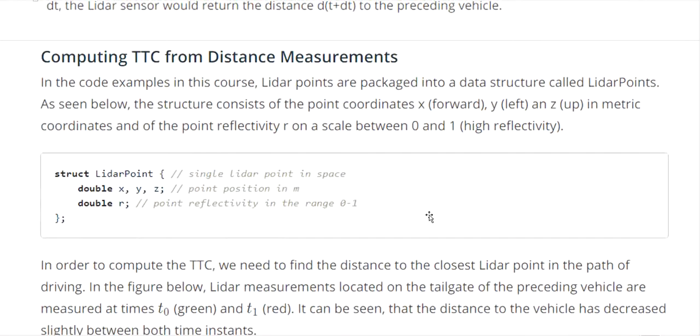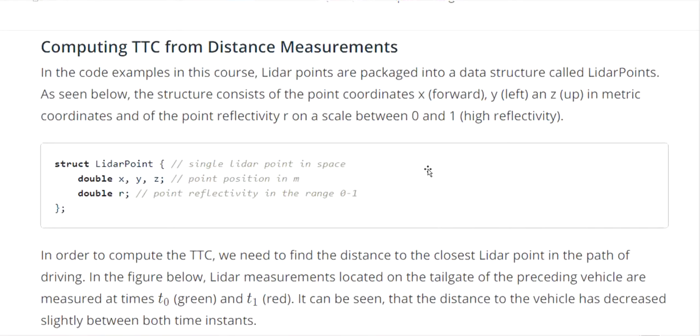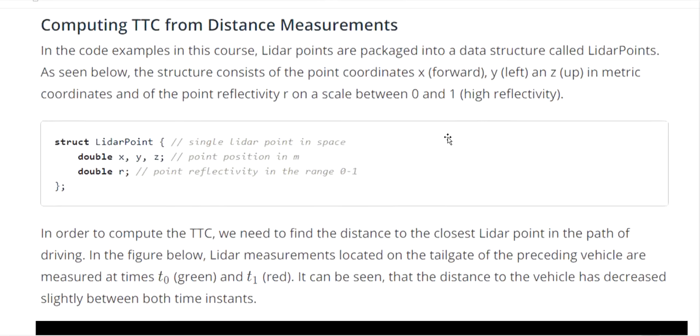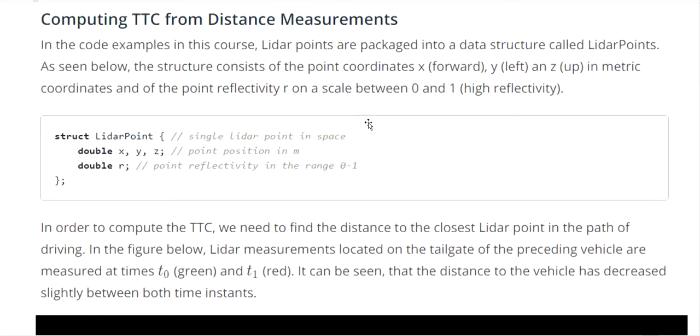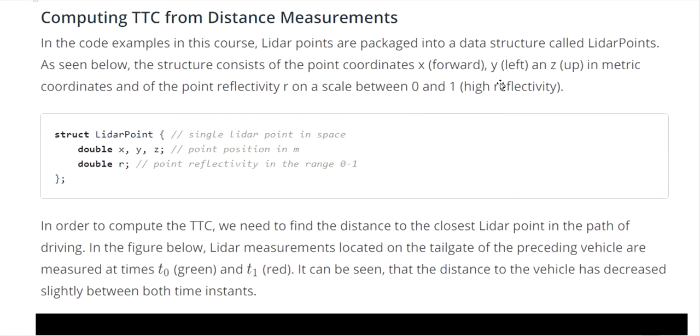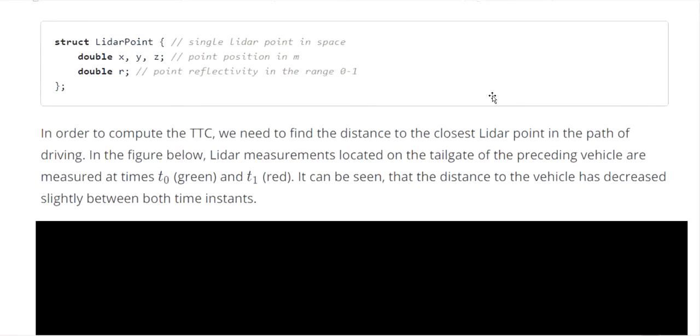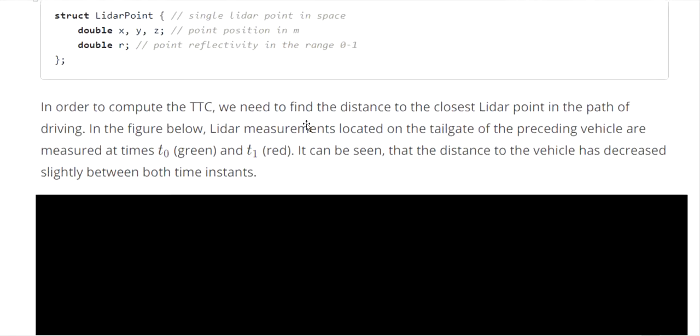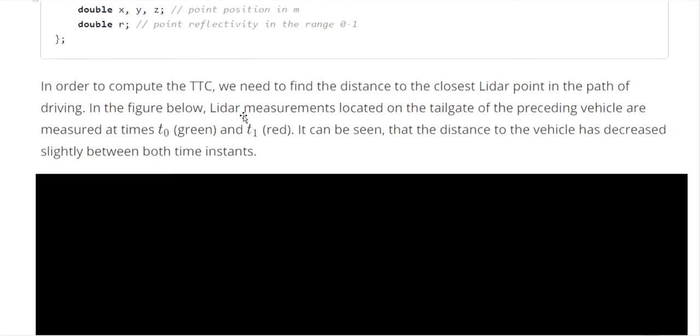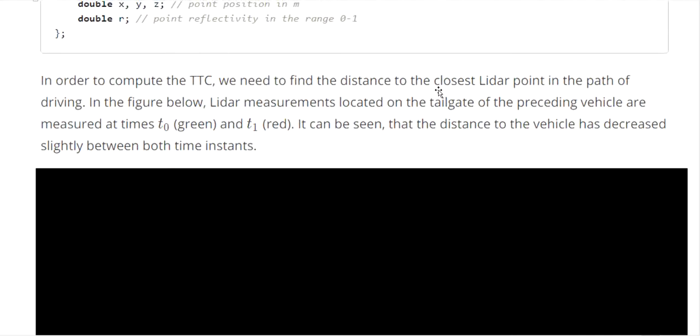In a later video, you can see in the code that LiDAR points are packed into a data structure called LiDAR points, with X forward, Y left, and Z up in the matrix coordinates, and the point's reflectivity R too. The point reflectivity ranges from 0 to 1, where 1 means high reflectivity. In order to compute the TTC, we need to find the distance to the closest LiDAR points in the path of driving.